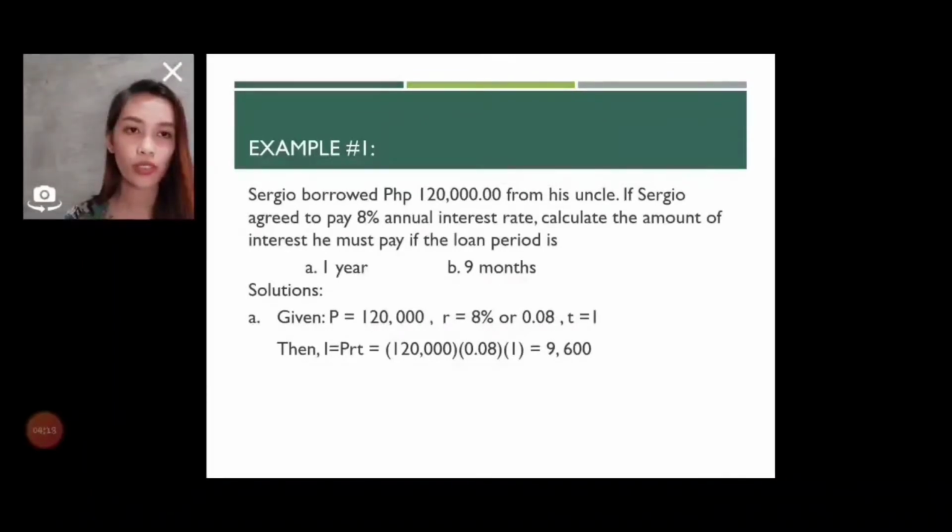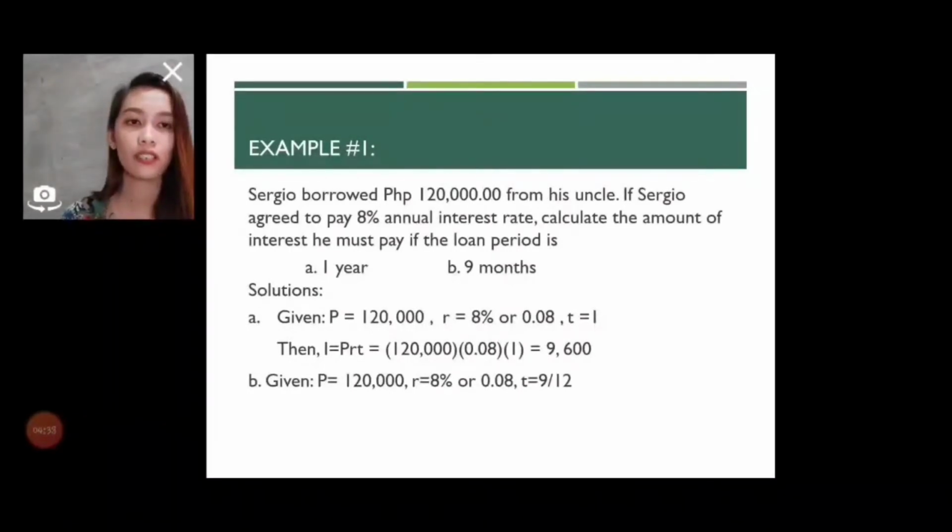So, how about in 9 months? What is the amount of interest he must pay? Still the same, your principal is 120,000. Your rate is 8% or 0.08.